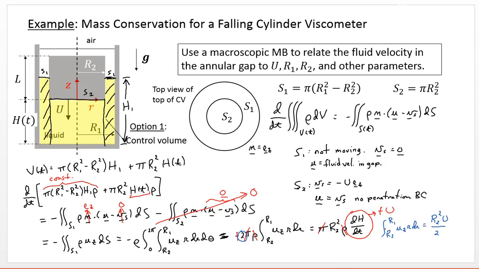And so that's the final simplified form of conservation of mass for this system. You can actually highlight it a bit. That's the final result. So that's the net result of conservation of mass applied to this particular control volume.